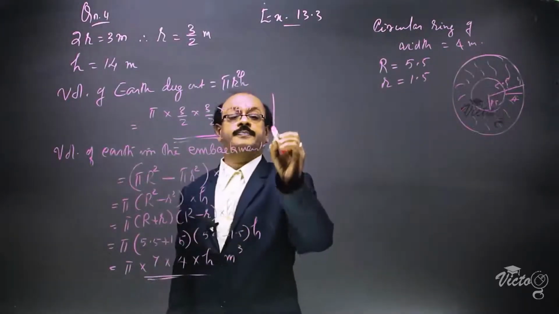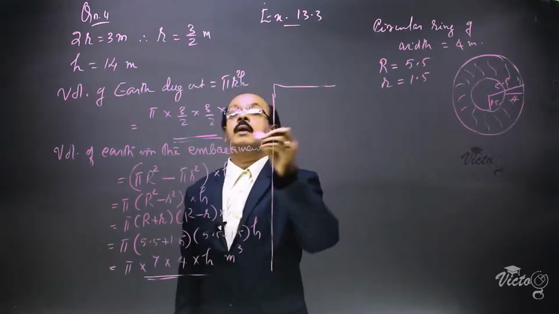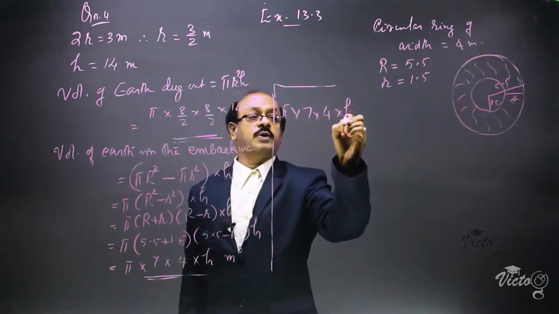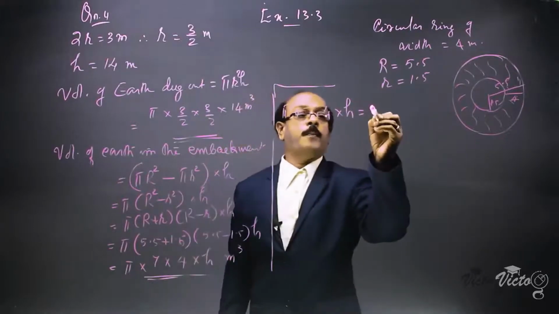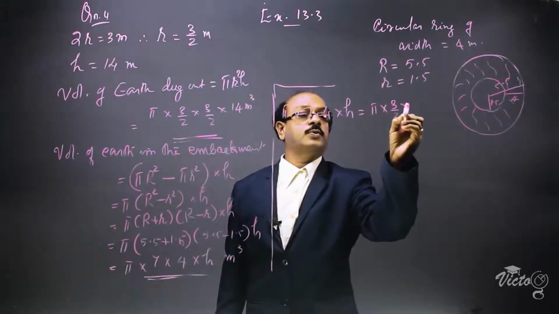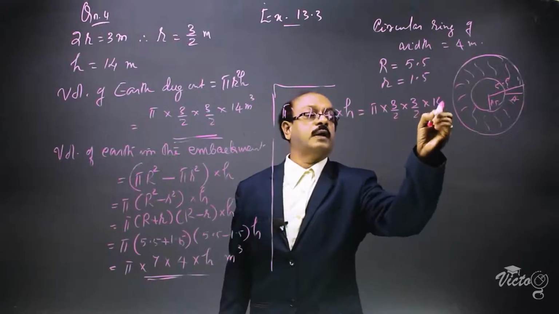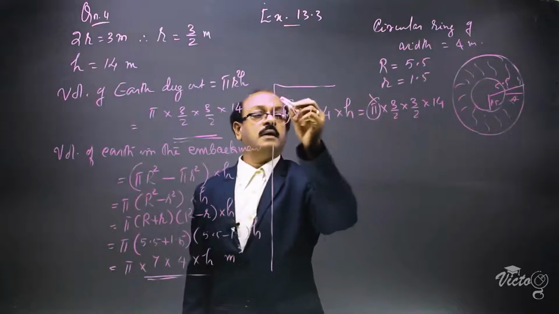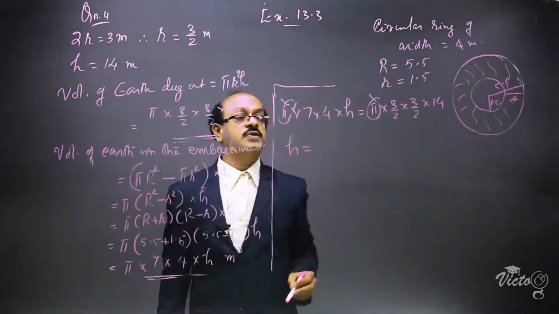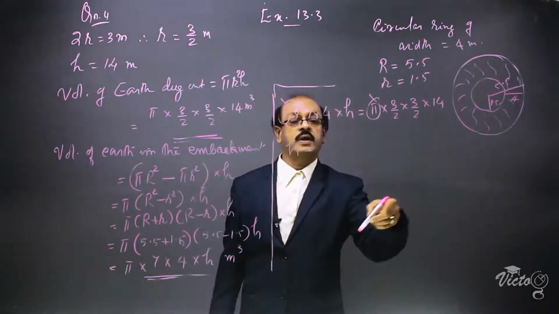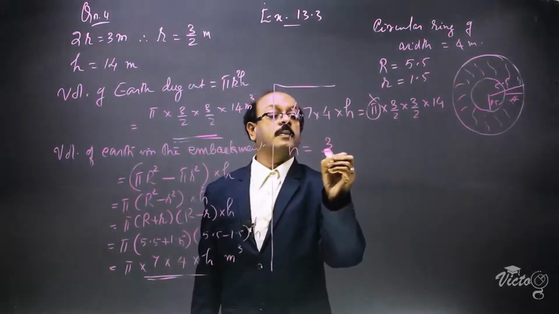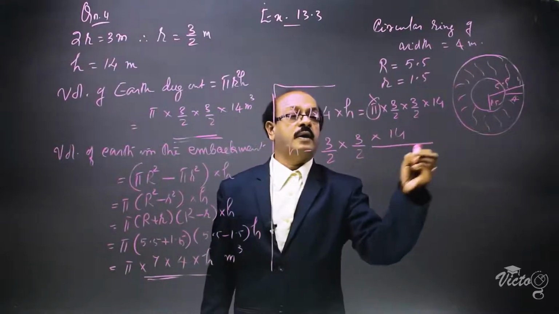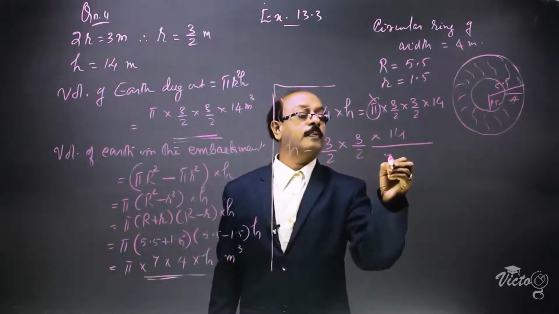That is pi into 7 into 4 into h is equal to pi into 3 by 2 into 3 by 2 into 14. Therefore, pi and pi cancelling, we can find the value of h by dividing the right side by 7 into 4.